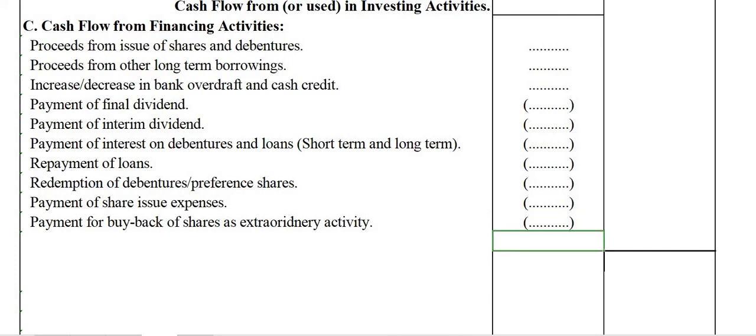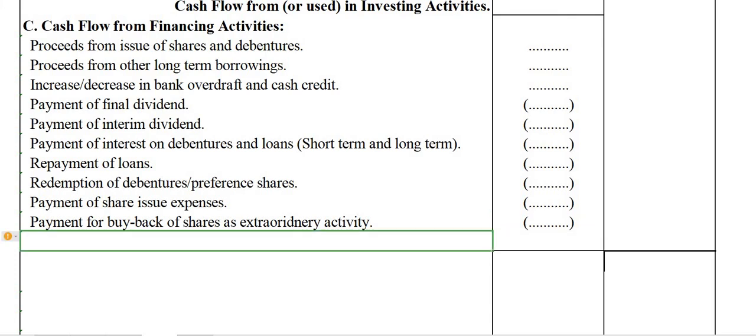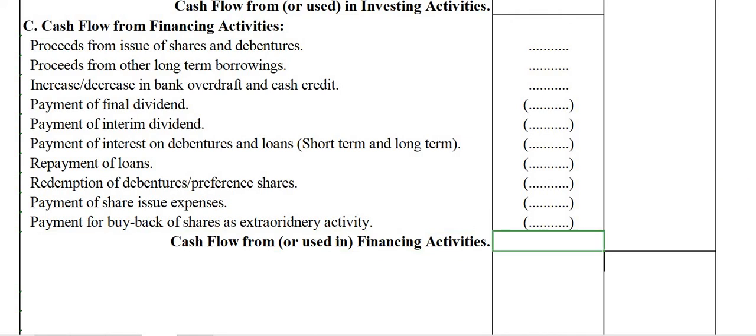So after deducting all, we will get at last cash flow from or used in financing activities. Cash flow from financing activities we will get. This is the net effect of all financing activities.